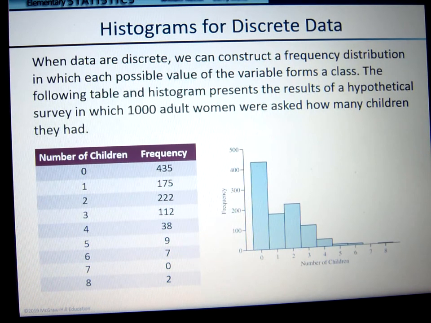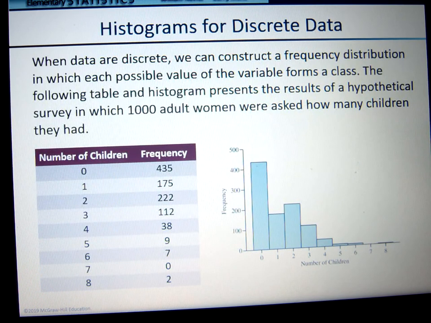So now we're going to talk about discrete data. If you remember, we talked about discrete and continuous already. Discrete means that you can actually count or list what you're talking about. So when data are discrete, we can construct a frequency distribution in which the possible values of the variable form a class.